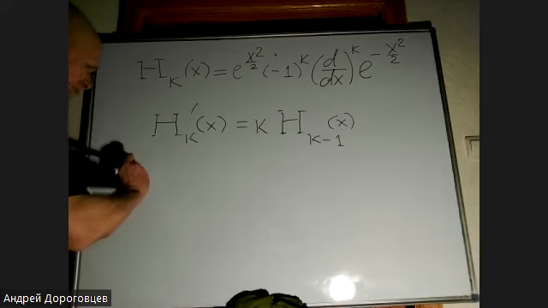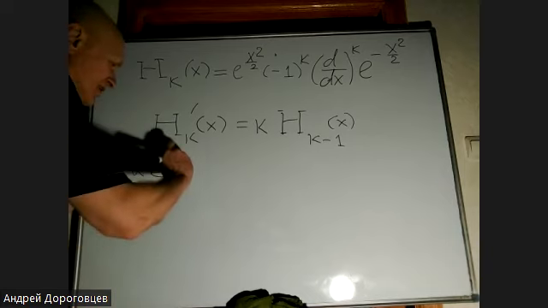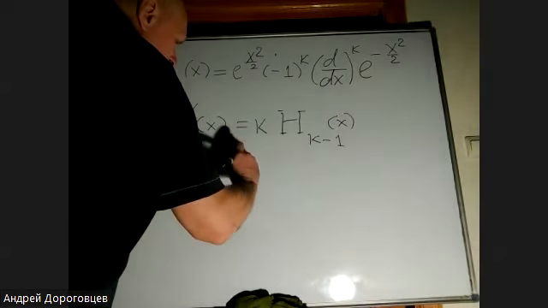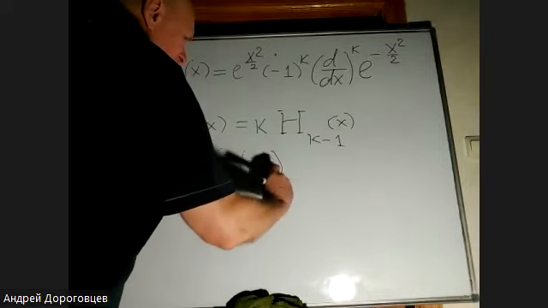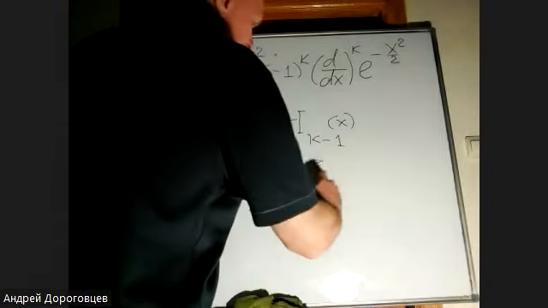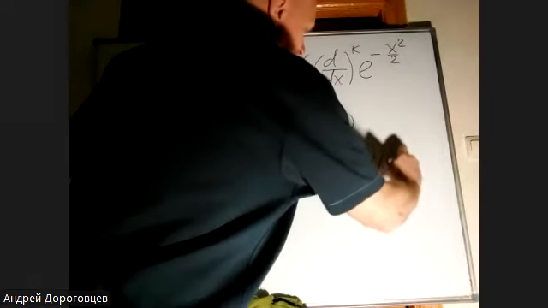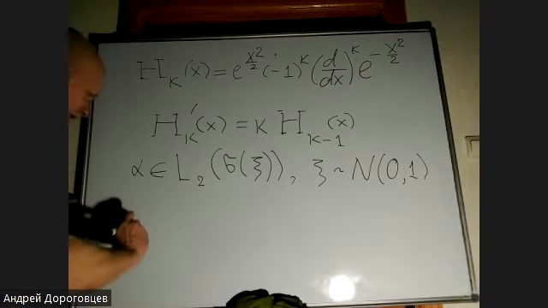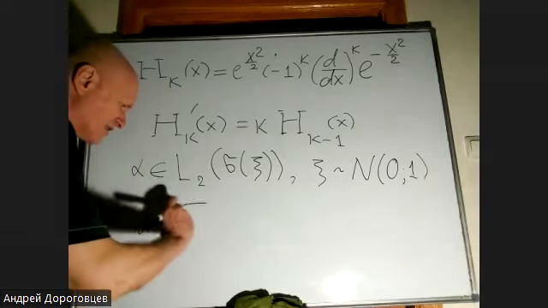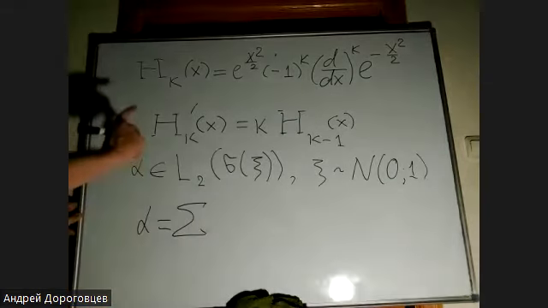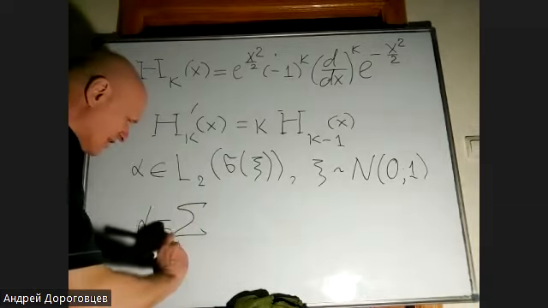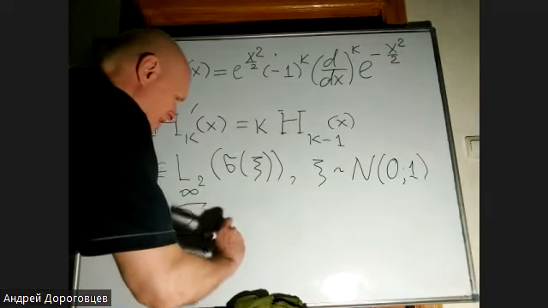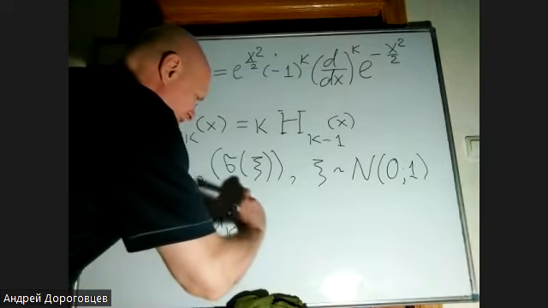If we have a random variable alpha, which is square integrable and measurable with respect to the standard Gaussian variable psi, then alpha can be uniquely expanded as an orthogonal series from Hermite polynomials of psi. This is the sum from k equals 0 to infinity of a_k h_k(psi).